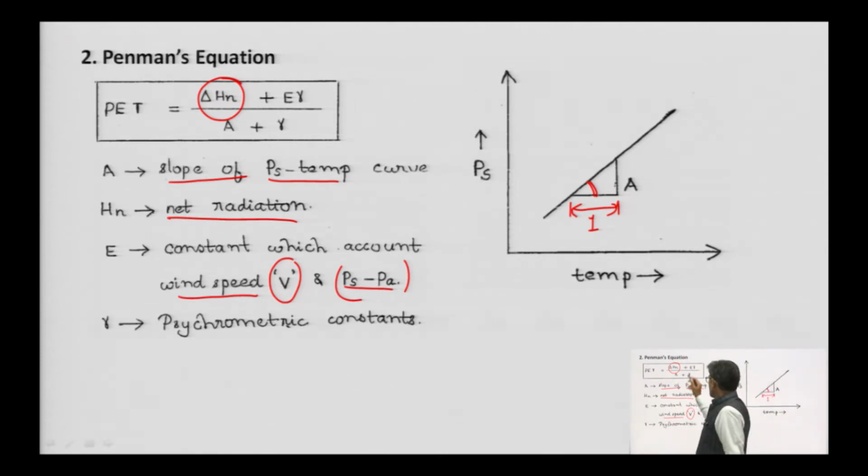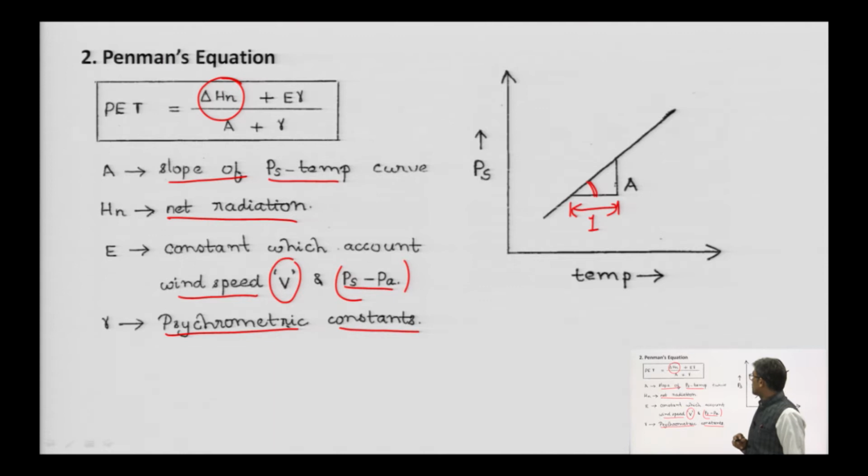So E depends upon V as well as the difference of P s and P a. And gamma is the psychrometric constant, which is also a constant. With the help of these parameters, we can calculate evapotranspiration.